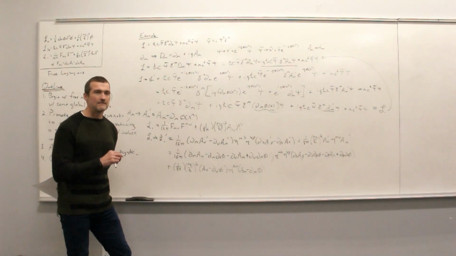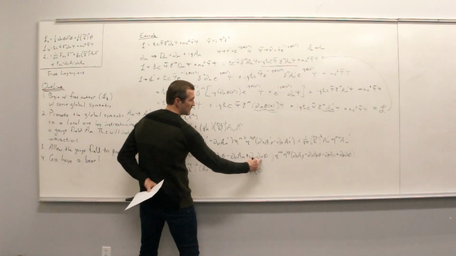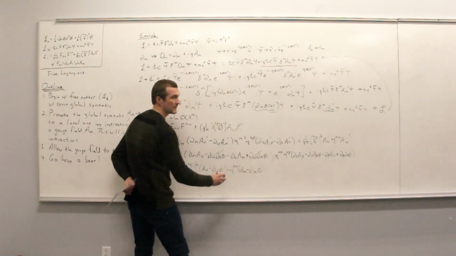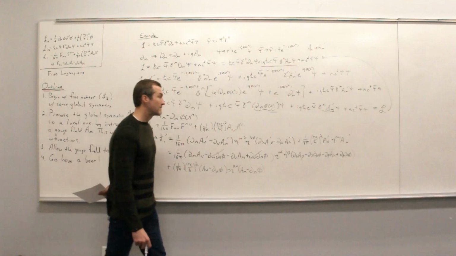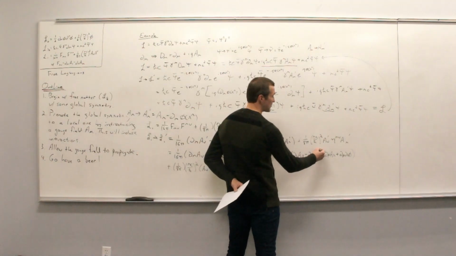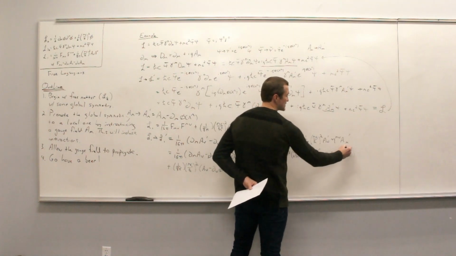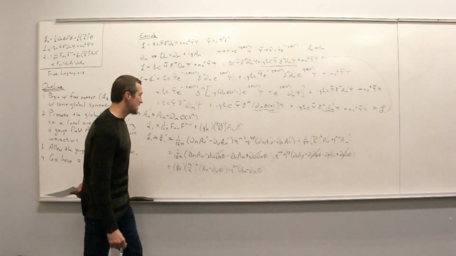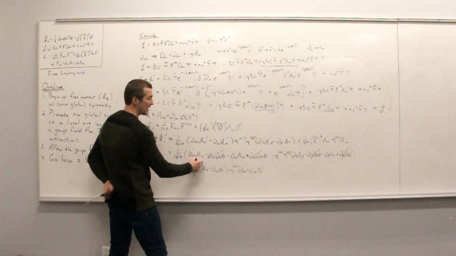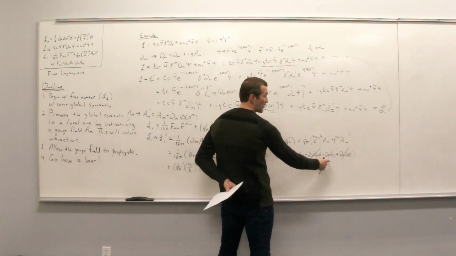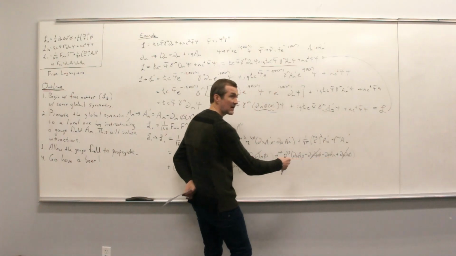Yes, you can. So I can swap d mu and d nu here, and then these terms cancel. Down here, I can swap the lambda and rho. These terms cancel. And this line goes back to d mu A nu minus d nu A mu, which is F mu nu, and d lambda A rho minus d rho A lambda, which is F rho lambda.